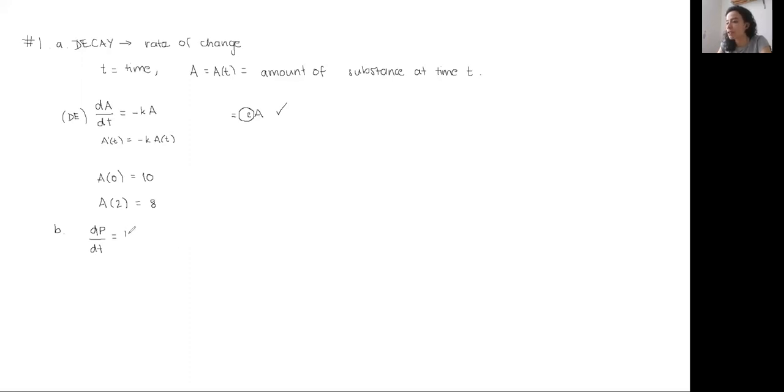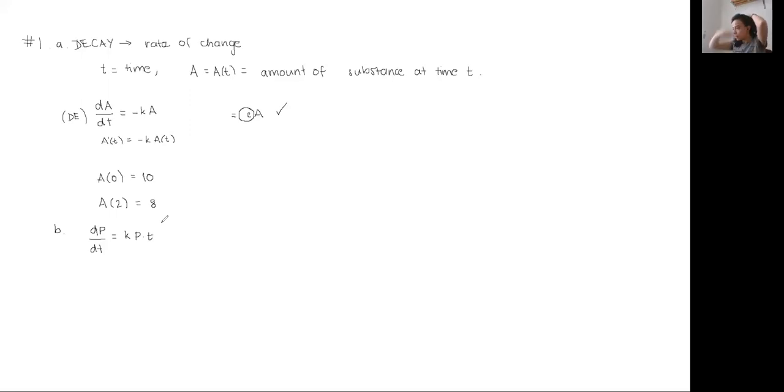So again, there's some value K, to the product of the population size P. So it's proportional to P and to time t.